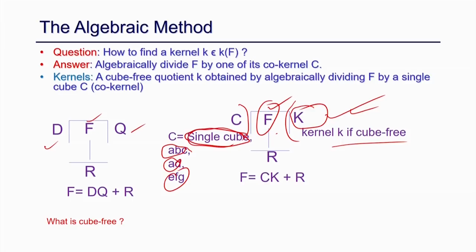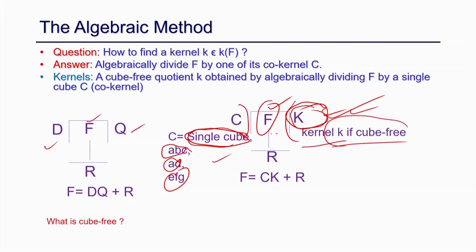So, single cube means we have only one product term here. If I divide this particular function by a single cube, by a product term, and the quotient I get does not have any other factor, we cannot factor out some sub expression from it, then that particular quotient is a kernel, right. That is what is called a kernel.